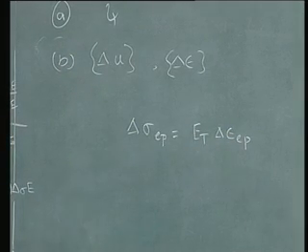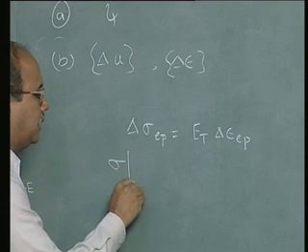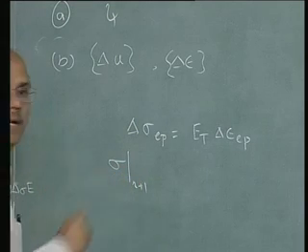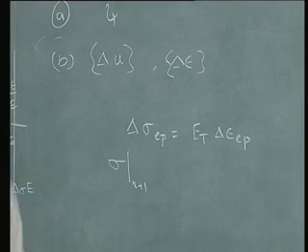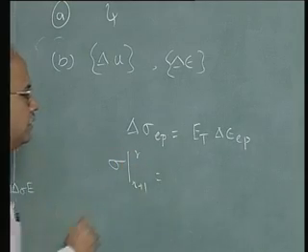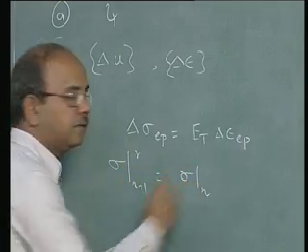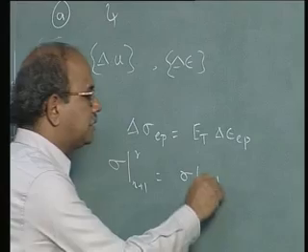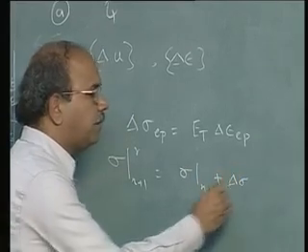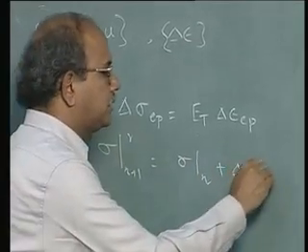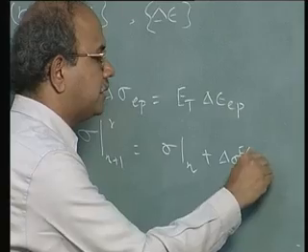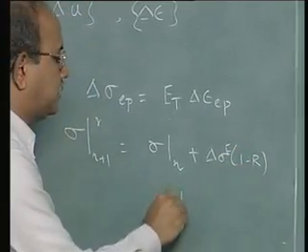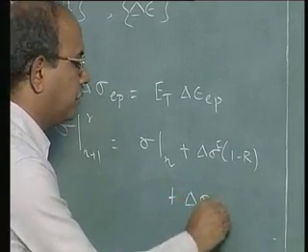So that sigma at n plus 1, for this iteration, is equal to sigma at n plus delta sigma E into 1 minus R plus delta sigma EP.